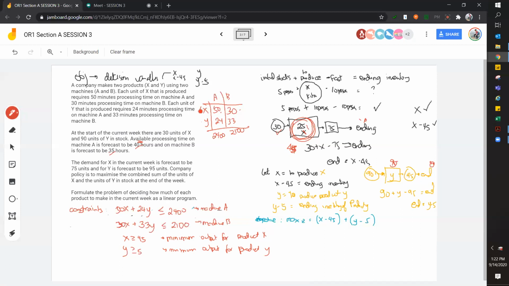Ano pa yung sa palagay niyong butas or kumbagay may problema sa ating objective nito or para ma-meet yung ating objective? Anyone? May kulang pa po ba? Wala na? Non-negativity po?